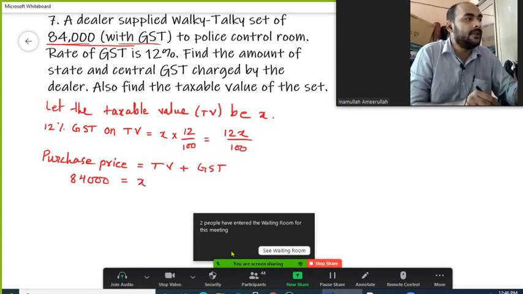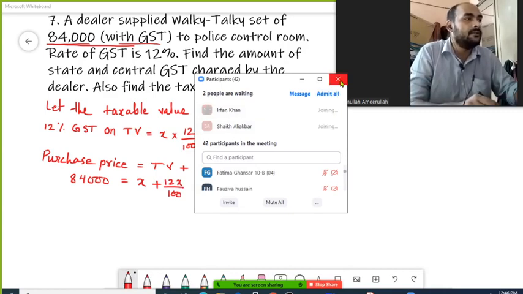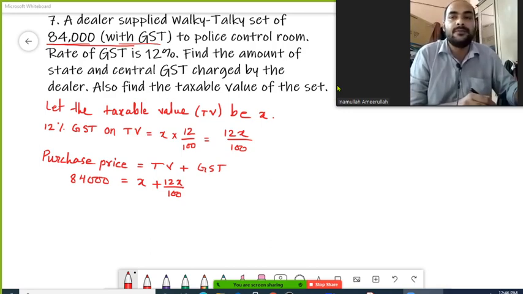Taxable value is x. GST we calculated as 12x upon 100. So after substituting the values, we will have this mathematical equation: 84,000 equals x plus 12x upon 100. Now we can multiply each and every term of this equation by 100.